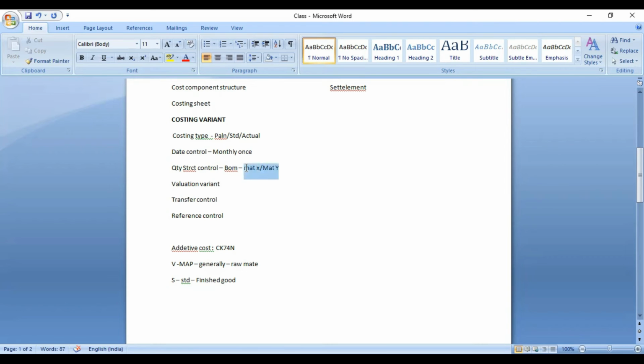With this I will get Z, which means semi-finished goods, S of G. Now with this S of G Z, I will add something, then I will get some F. This is called FG.